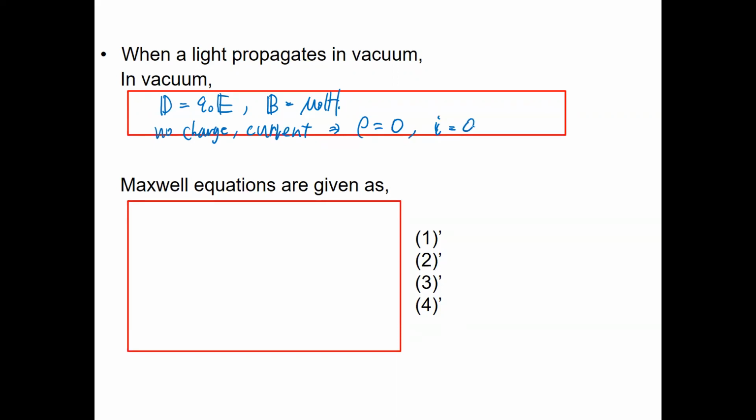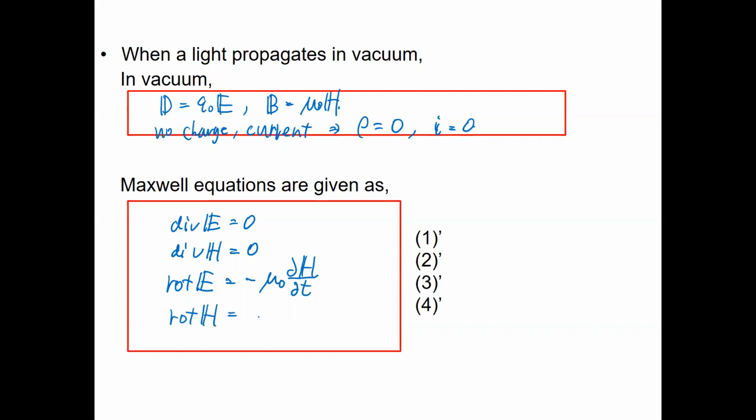In this case, Maxwell equations are given like this: divergence E equals 0, divergence H equals 0, rotational E equals minus dB/dt. Here the B is substituted by mu 0 H. And the fourth equation is rotational H equals epsilon 0 dE/dt.